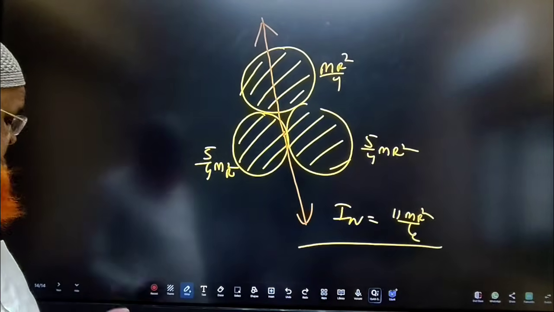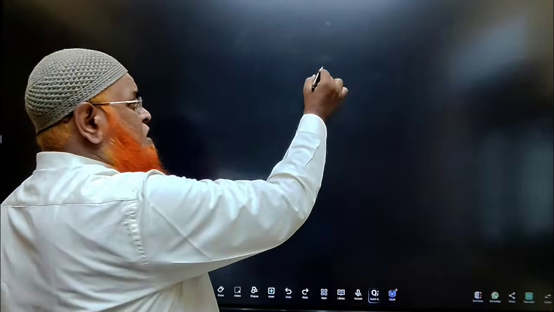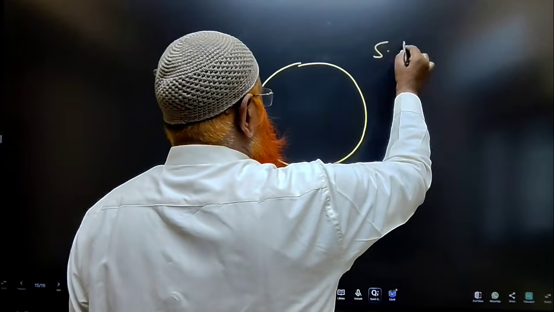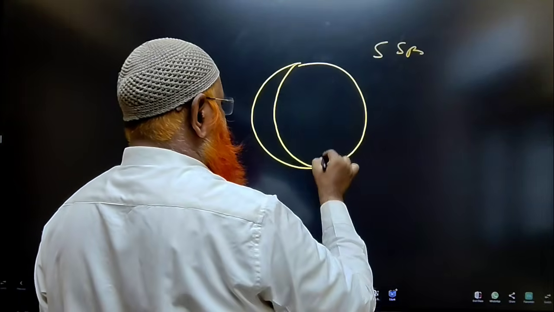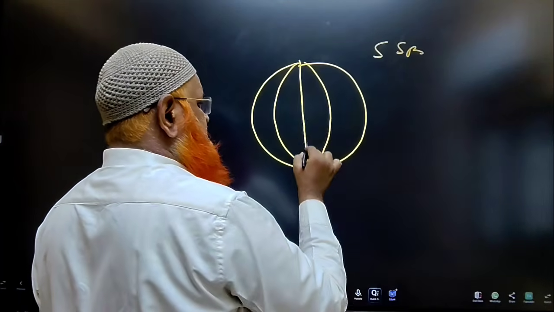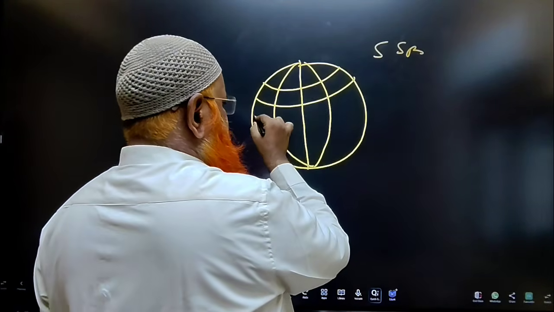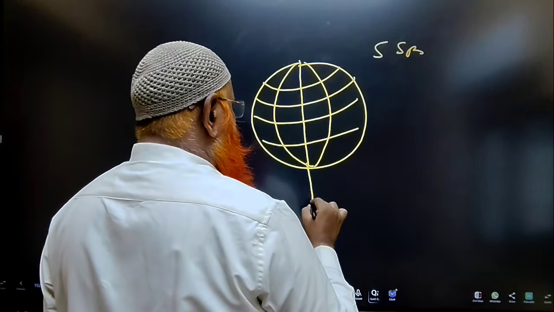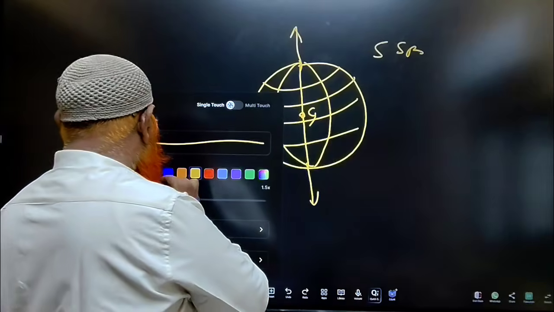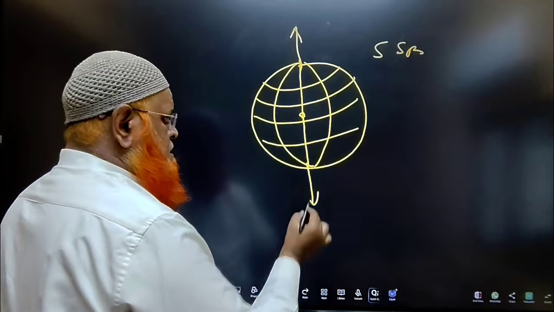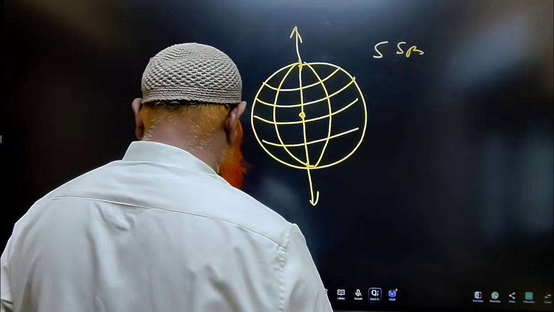Now, one more thing let me discuss. If you have taken a solid sphere, meaning there is mass inside also. So this is a sphere. What is the moment of inertia when this is the center of gravity?